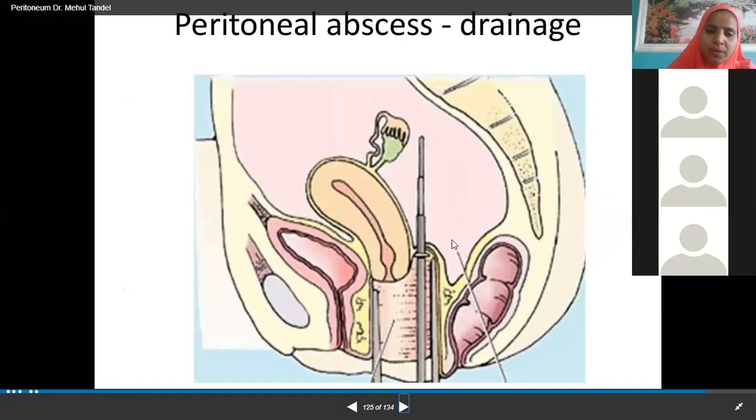Douglas pouch. What is another name? Rectouterine pouch. Okay, so it has to be drained in this way.